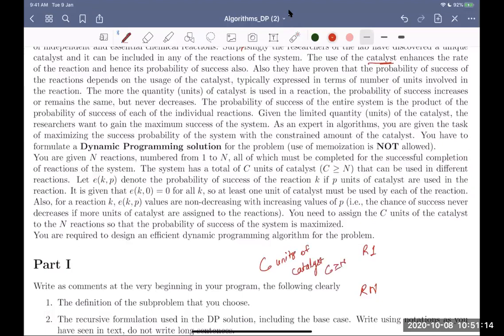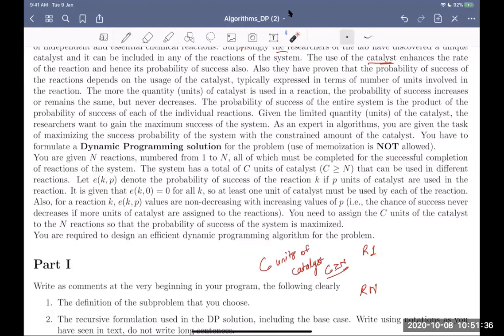C is greater than or equal to n. And the same catalyst unit can be used in all the reactions. Now, with that, you also need to know what is the probability of success of reaction 1 if I take only 1 unit of catalyst or 2 units of catalyst. So that is also given to you.